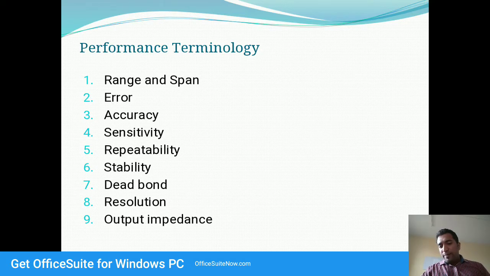Repeatability means that whenever you start measuring again and again, it gives you the same output for the same input. That is called repeatability. The example for this: one student scores 35% throughout his college days, and another student scores 35% in the first semester, 50% in the next, 60% in the next, and 90% in the next.